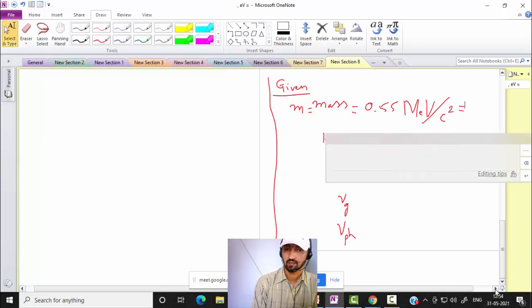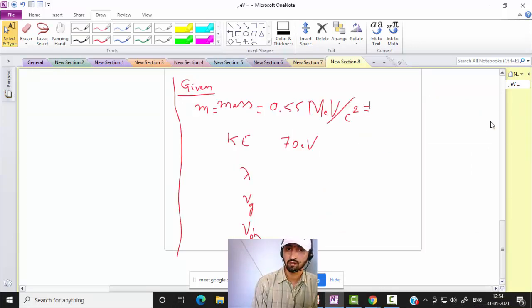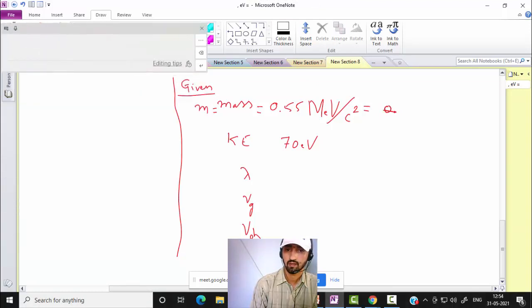you please take electron volt, how much value we have here, to convert that to mass in kg. 0.55 into mega means what? Mega means 10 power 6. Electron volt: 1 electron volt is equal to 1.6 into 10 power minus 19 joules.